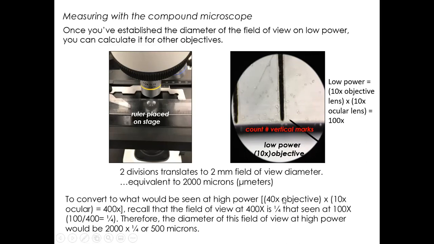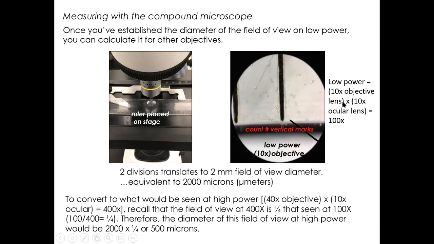So for the 40x, we know the total magnification of that is 400x, right? Which is 4 times greater magnification than the 100x. Easy enough, 400 is 100 times 4. But what that means is you're getting 4 times closer, okay? So you would take what you see in this 10x objective and divide it by 4, and that's what you would see in the 40x objective.